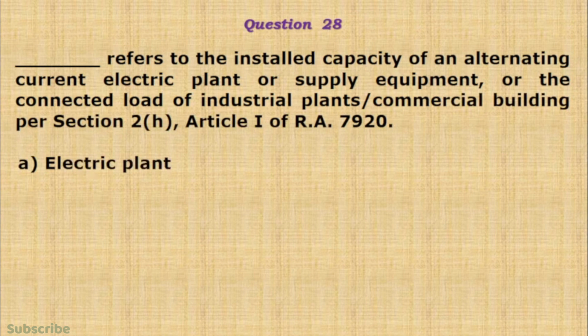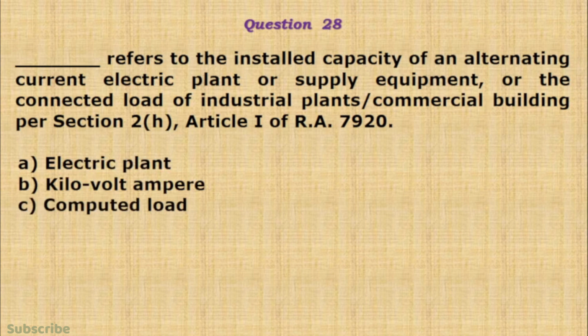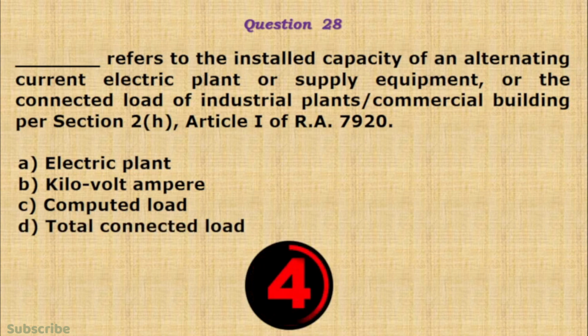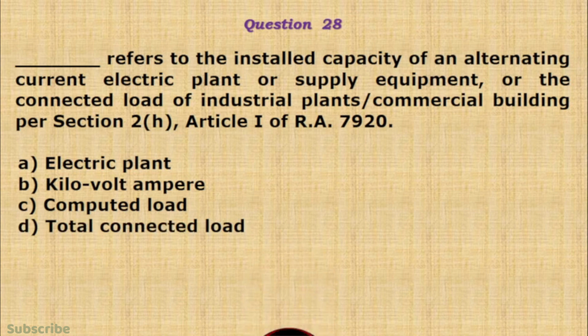A. Electric plant, B. Kilovolt ampere, C. Computed load, D. Total connected load. The correct answer is letter B, kilovolt ampere.